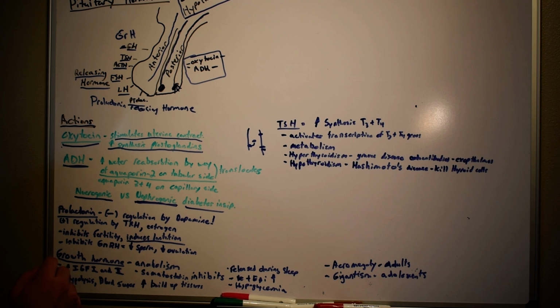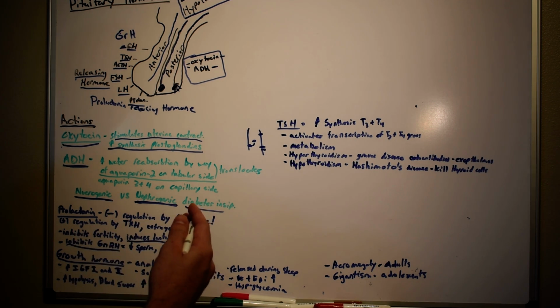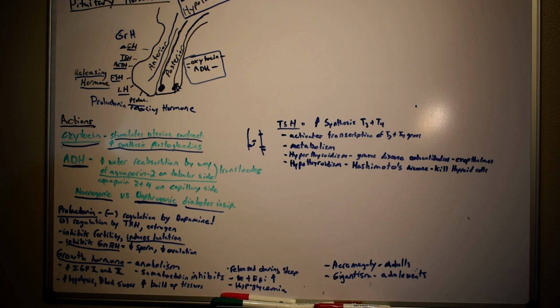Gonadotropin releasing hormone is going to be our primary releaser that induces formation of the gametes. So formation of sperm or releasing of an egg, okay? So if we inhibit that, we're going to decrease our fertility in both males and females, right?